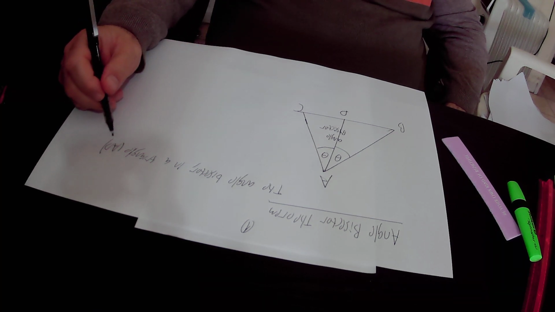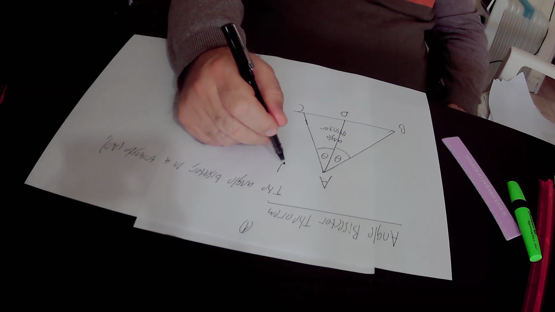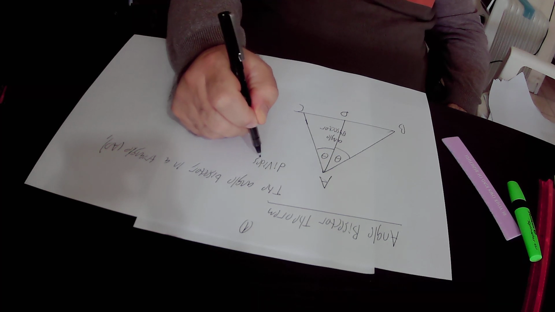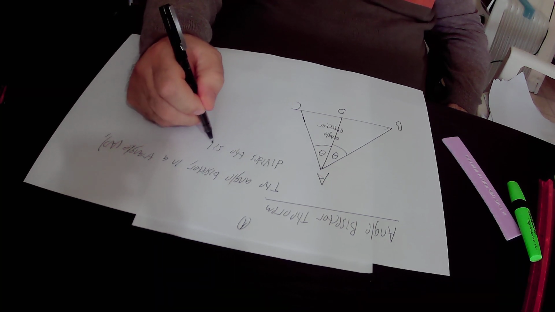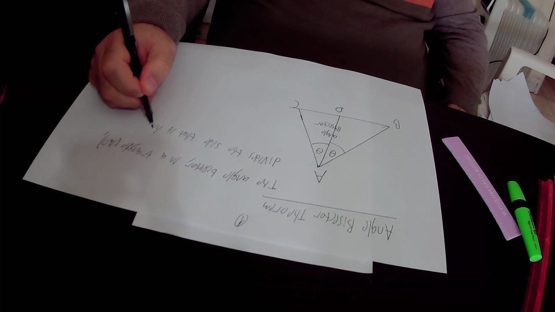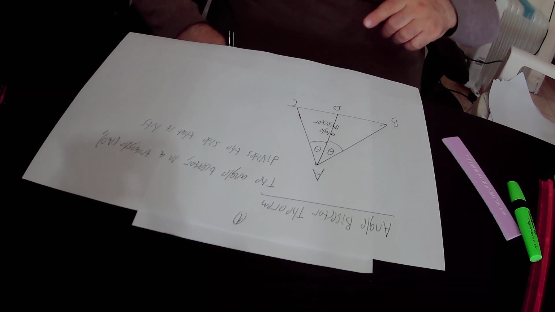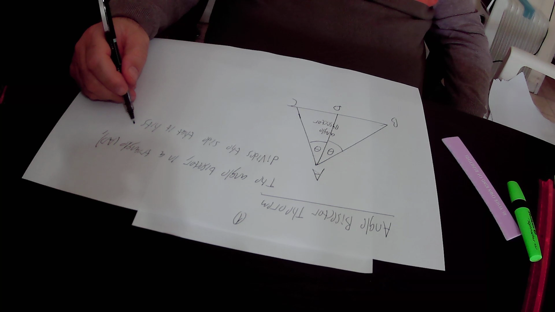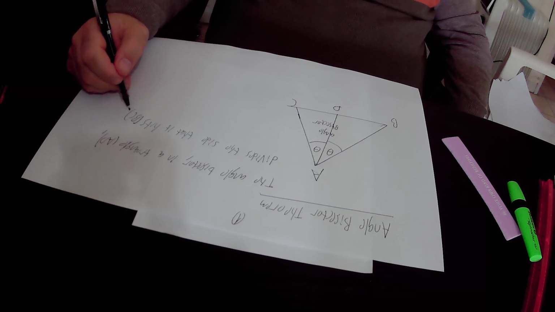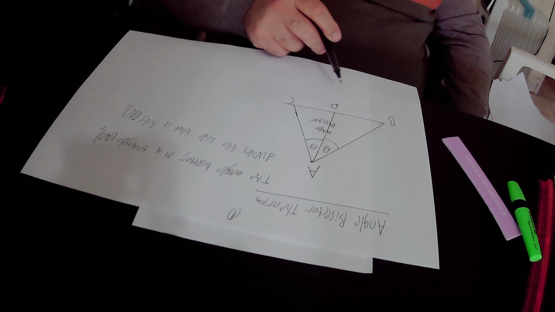The angle bisector in a triangle divides the side that it is, in this case side BC. So actually, angle bisector AD divides side BC into two parts. The first part is BD, and the second part is DC.